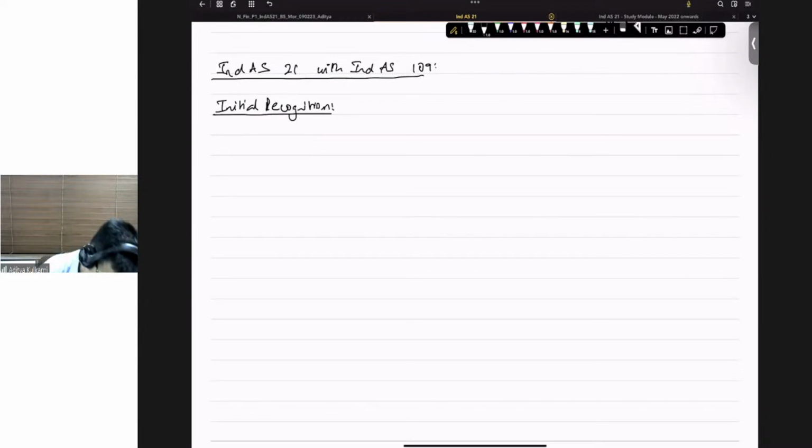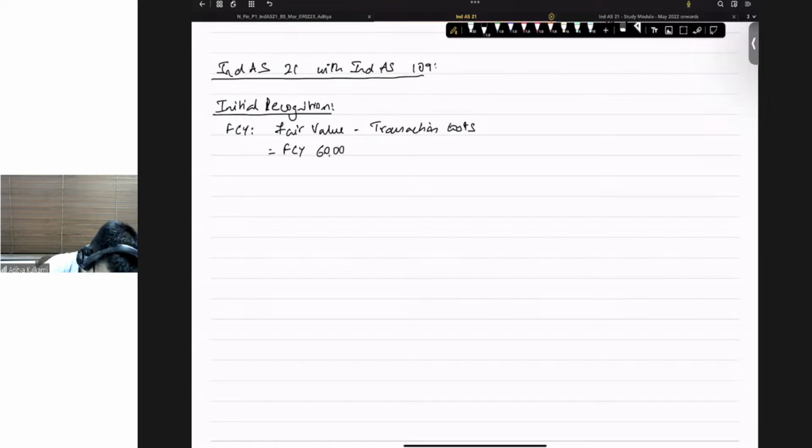Initial recognition in foreign currency terms: how will I recognize the loan? Will I recognize it at 60 lakhs, the 6 million? Answer is no. I have to deduct transaction costs to get something known as net proceeds.